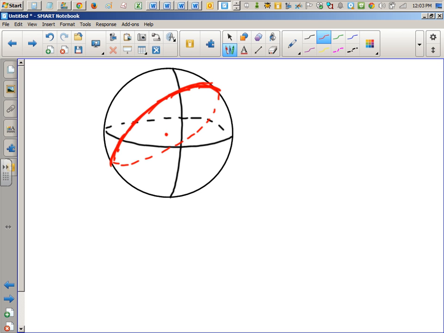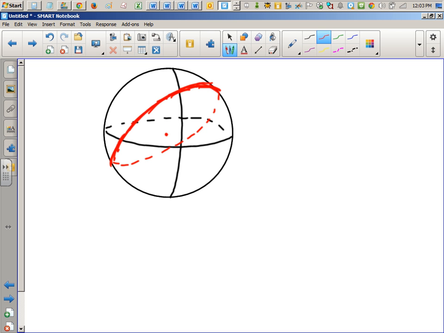The reason it's straight is because every pilot knows when they're flying around the Earth that if they start in one city and they want to fly to another city, the shortest possible path is to follow a path like this one. It's actually a circle to our eyes, but to the pilot, it's the straightest shot they can make. They can't fly off into outer space, like tangent to the Earth, right? They're trying to stay in the atmosphere, so they travel along what's called a great circle. So to us, it looks like a circle, but to the pilot, they're flying in a nice straight line.